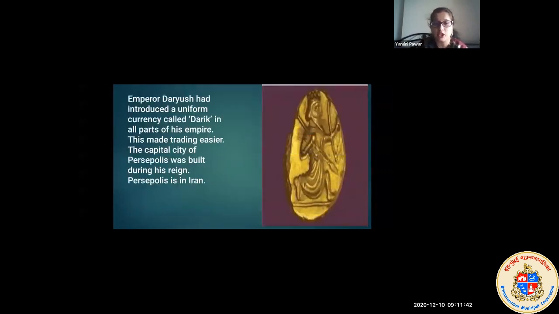In the next slide, you can see Emperor Darius had introduced a uniform currency called Daric in all parts of his empire. Means wherever he was ruling, he was not ruling all over the world. He was ruling some of the parts, as I have told you in the first slide. So in that way, he introduced a uniform currency.